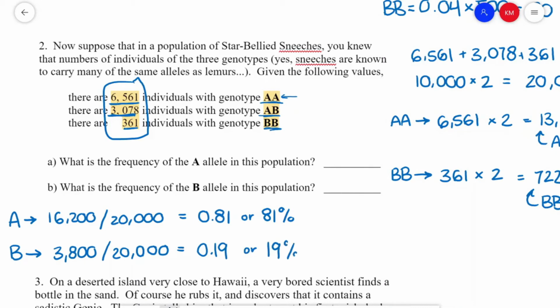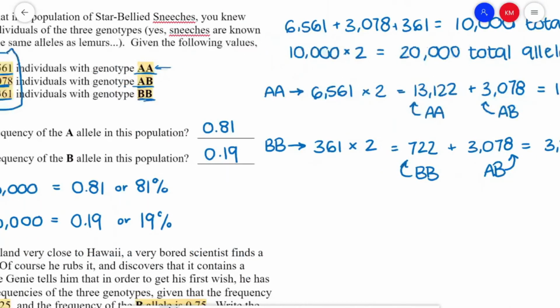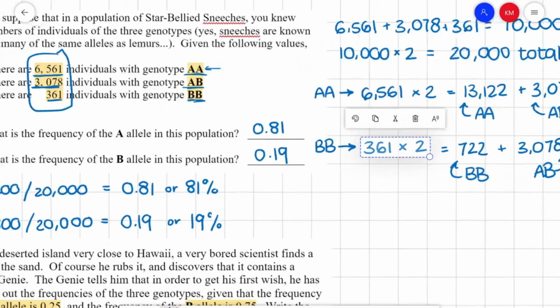Again, you can probably tell these percentages, 81 and 19, add up to 100, which is what we like to see, so we probably did our math right. So we can just write in here the frequency of the A allele is going to be 0.81. Frequency of the B allele is 0.19. Okay? So that's how you find the allele frequencies.